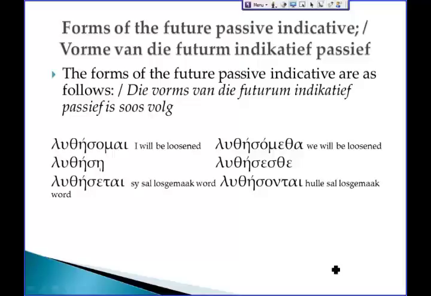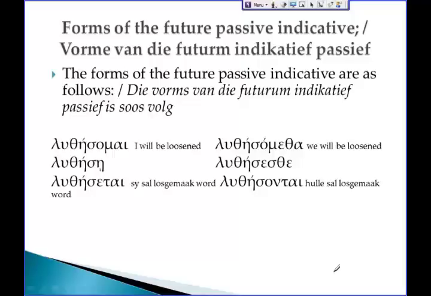Who can guess? There? The present middle indicative or the present passive. Okay? There you have luomai, lu, lusetai, and lu, ometha. Alright? And so forth.